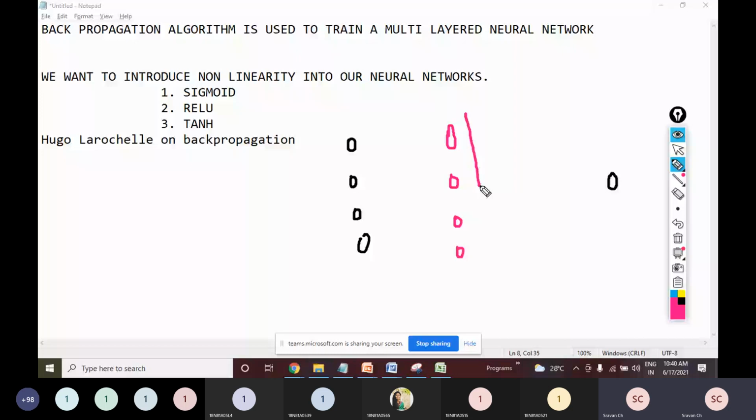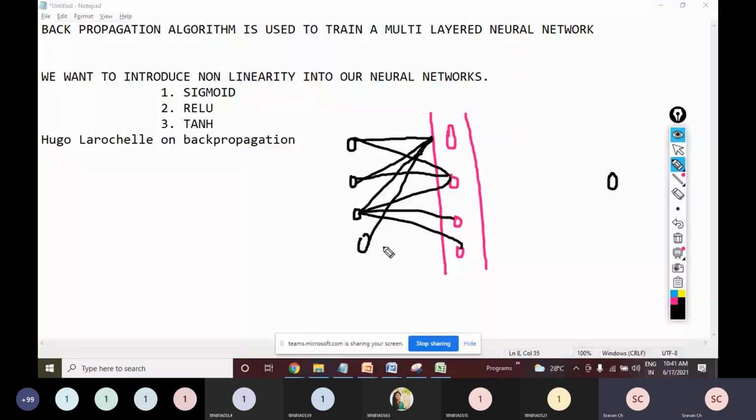From input x1, it will go to the first neuron. All are connected. It's an n by n network kind of thing. Observe this carefully. We will discuss this neural network in detail.